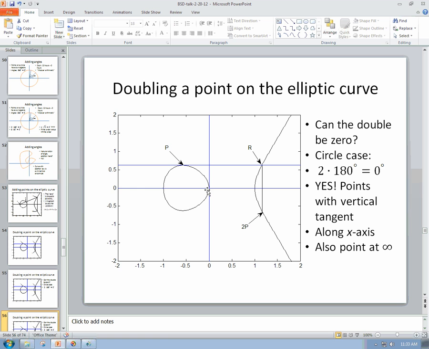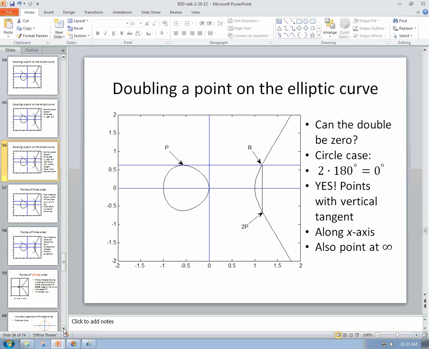So right here, and right here, all three points along the x-axis in this picture, if you double them, you go up to the point at infinity, and then you flip it across the axis, but that's still the point at infinity. So there are at least three points, 1, 2, 3, that double to be 0. Well, the point at infinity is already 0, and if you double that, it's still 0. That's certainly a law that's still true for even this weird kind of algebra.